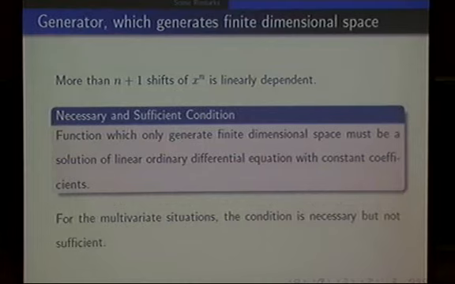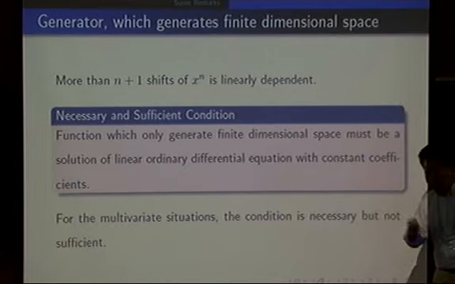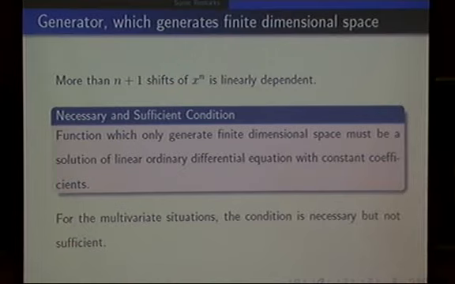We find that if more than n plus 1 shifts of x power n are linearly dependent, this means such a generator can generate only an n plus 1 dimensional function space.